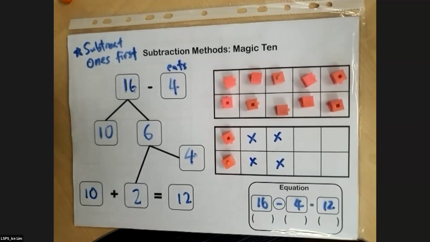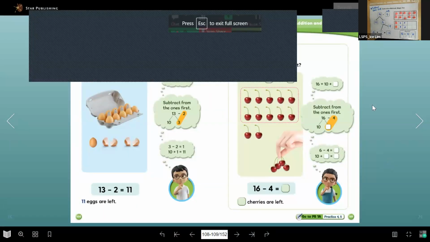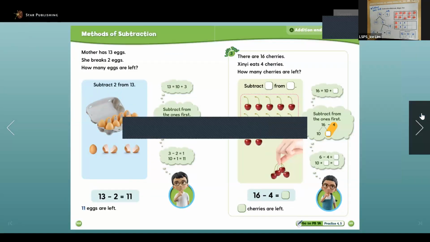Now, I want to show you another strategy. We'll talk more about the strategy tomorrow, but I'll show you what it is first. Now if you look at your textbook again, never mind, I'll show you again. Don't worry, and also it's on the video.